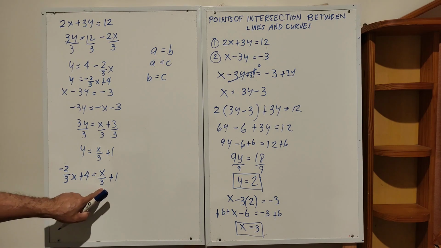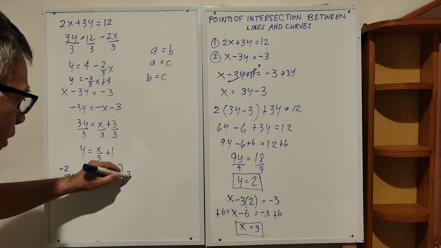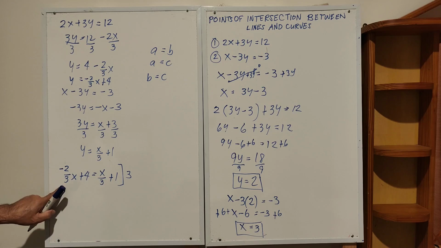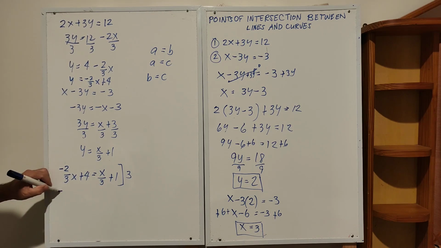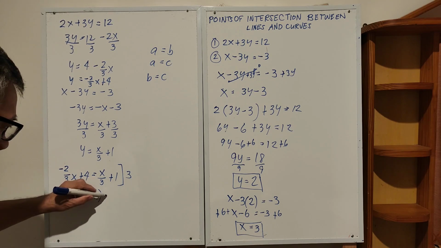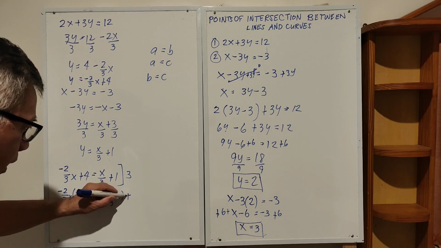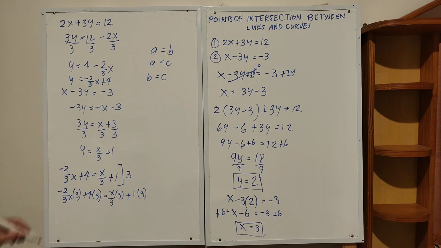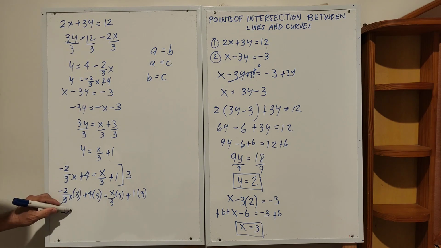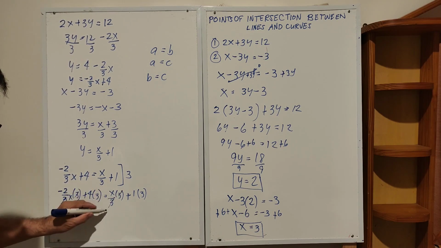Now they have a denominator of 3, so we multiply 3 on everything. I'll do it one by one. Negative 2/3 x times 3 plus 4 times 3 is equal to x over 3 times 3 plus 1 times 3. This would cancel out. This becomes negative 2x. This becomes 12. This becomes x.